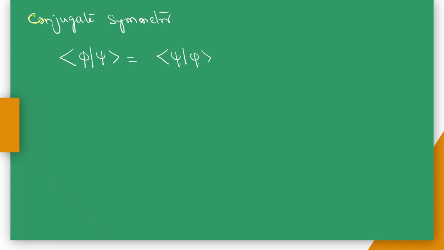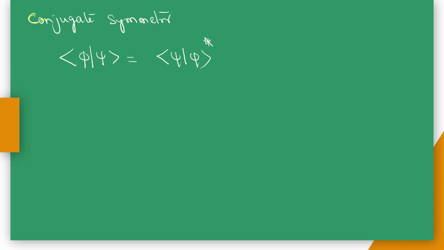Second one, conjugate symmetry. The meaning of conjugate symmetry is, for example, you take the inner product between two state vectors like phi and psi, which is equivalent to, after swapping them, the psi and phi inner product, complex conjugated.